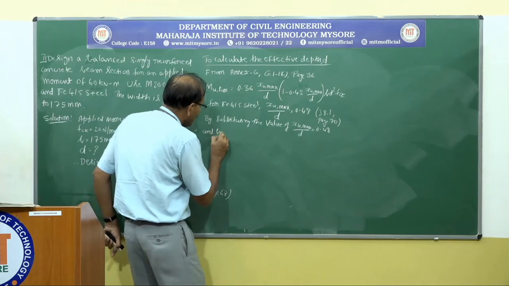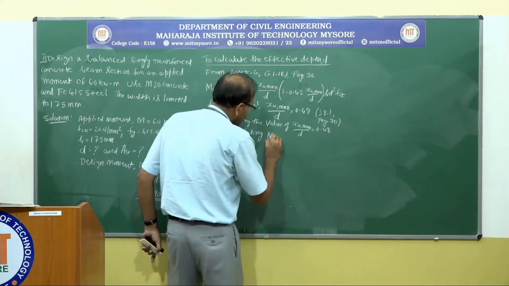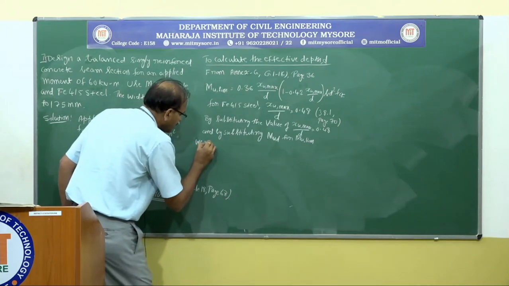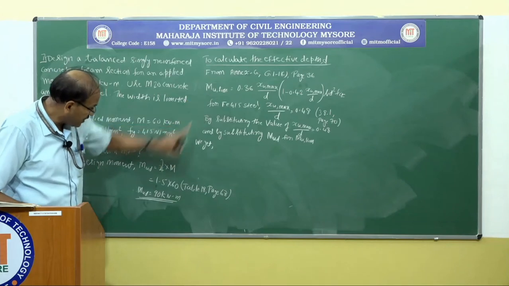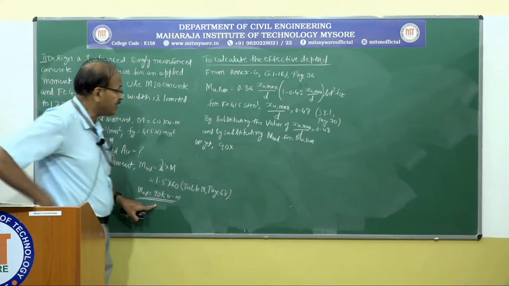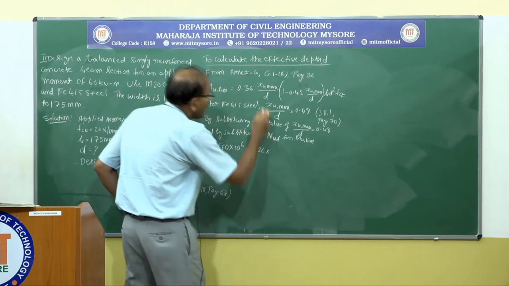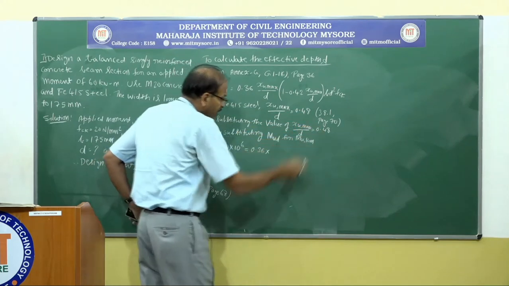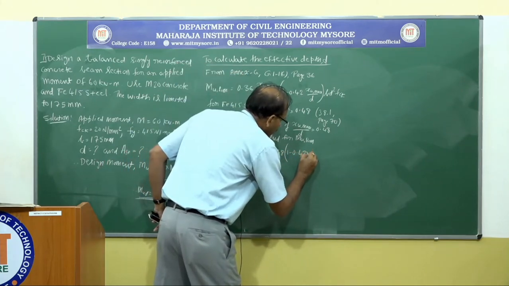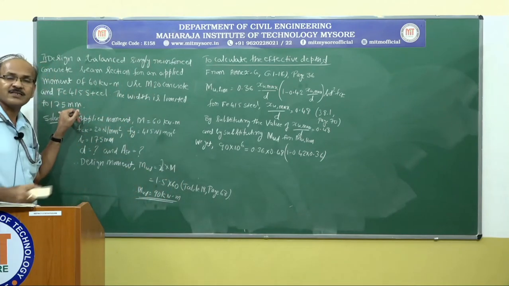And by substituting Mu for Mu limit, we get, so in place of Mu limit, I am going to substitute this value 90, and I am going to convert this value into Newton millimeter, that is 10 to the power of 6, 0.36, and xu max by d is 0.48 for Fe 415 steel for a balanced section, 0.48, 1 minus 0.42 into 0.36, and b is, see here, b is restricted to 175 millimeter.